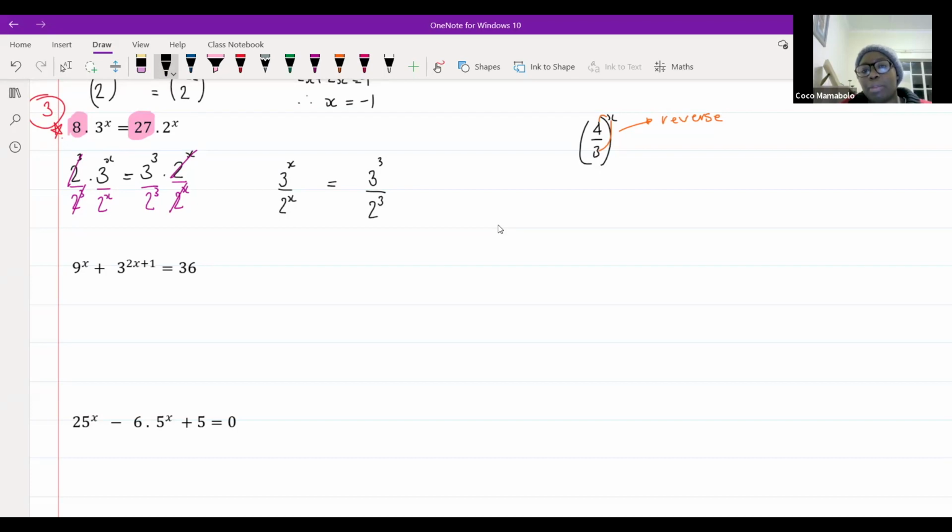So I'm going to end up with 3 over 2 all to the power of x is equal to, now they both have 3 as an exponent, 3 over 2 all to the power of 3. These two things are like bases, so I can drop my bases. Therefore, x is equal to 3.